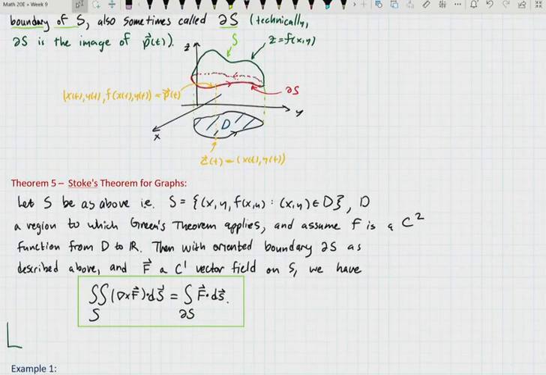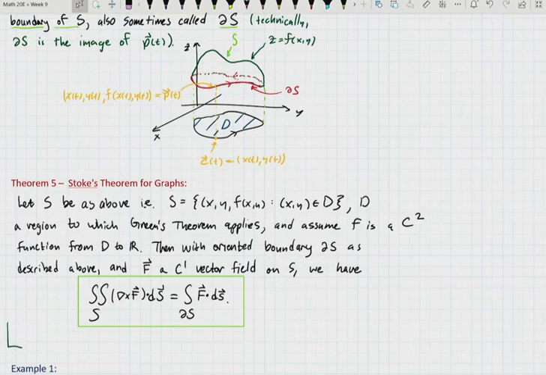So we started off with Stokes' theorem for graphs, which is what I did up here. It's what we did last time. And I'm going to do an example using this theorem. And then I'm going to give you the more general form of Stokes' theorem, which applies to general parametrized surfaces.